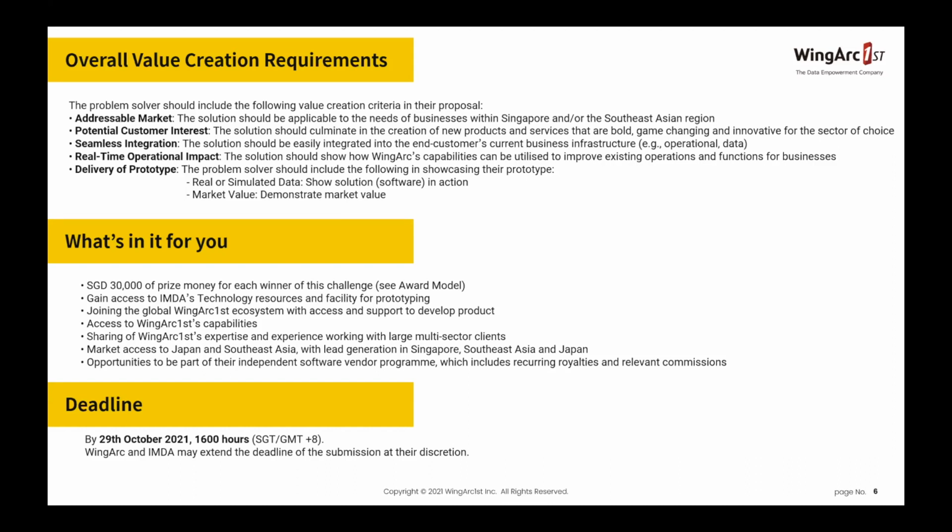So the end customer infrastructure could be cloud-based, could be on-premise, it could be a wide range. So there's no absolute answer to that question. Depending on the solution provider, the end customer infrastructure requirement could be addressed by the solution provider.